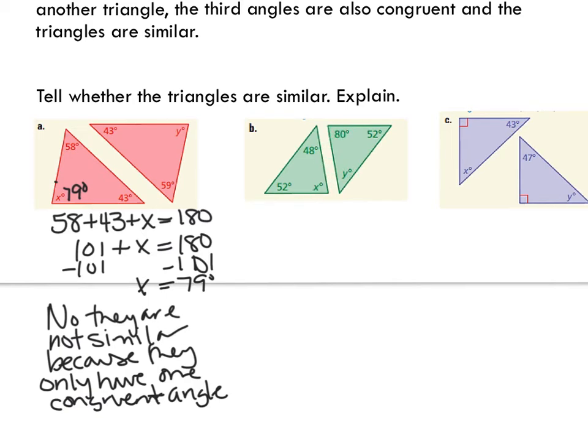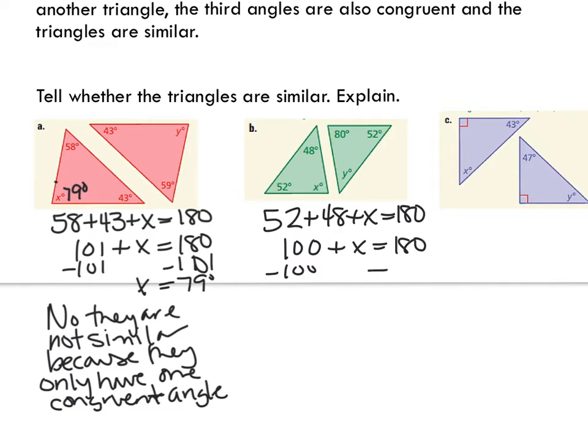So I just pick one of my triangles. I'm going to pick the one on the left-hand side again. I'm going to add up all of my angles, and I know that it has to add up to be 180 degrees. So when I add my angles together, combine my like terms, and subtract, I get x equals 80 degrees.